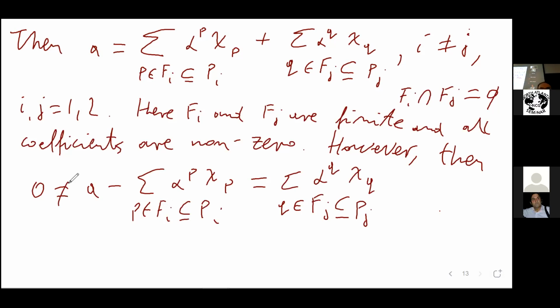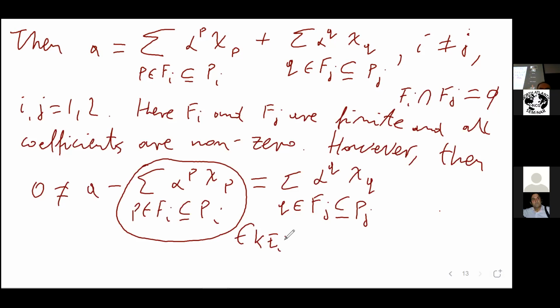Because we assumed that A is not in KEI, all right? So this means that this cannot be a linear combination of elements from KEI. The sum over P is in KEI. So if it were 0, A would be in KEI, which we assumed it is not.